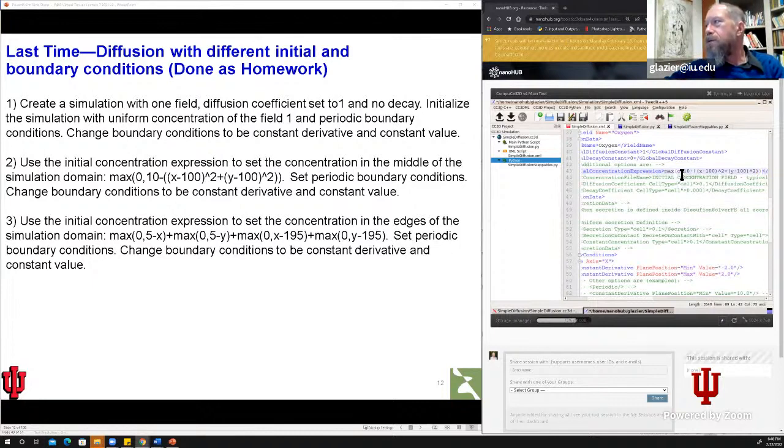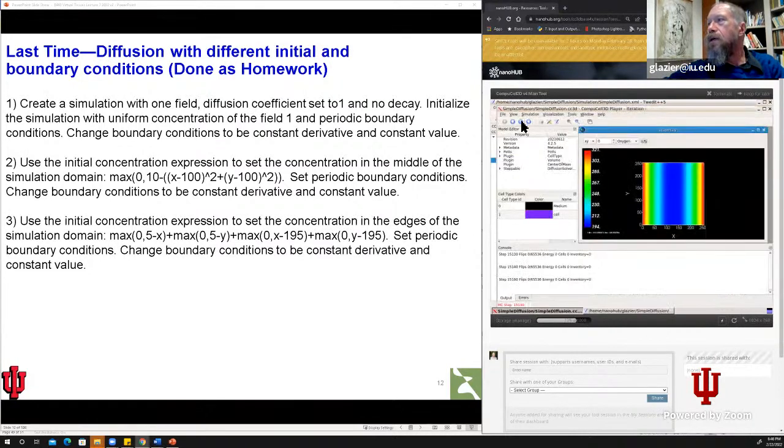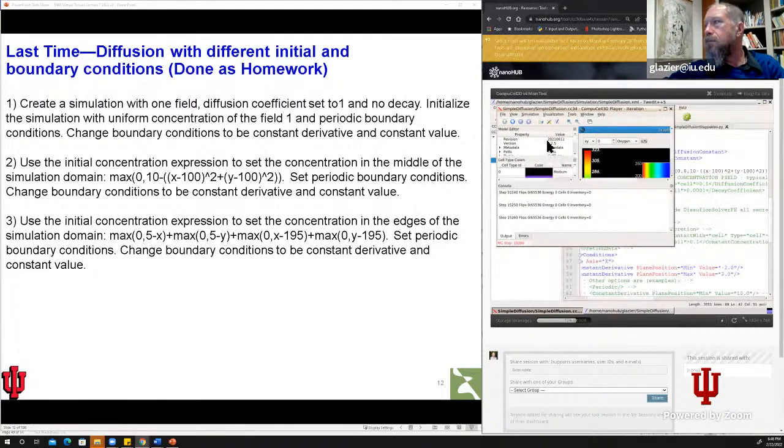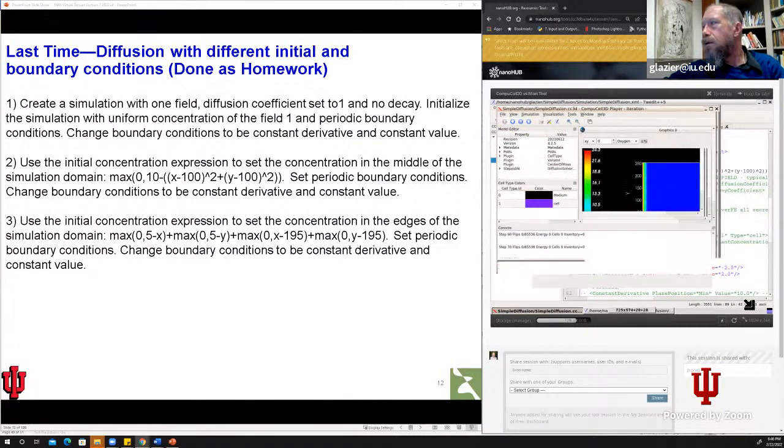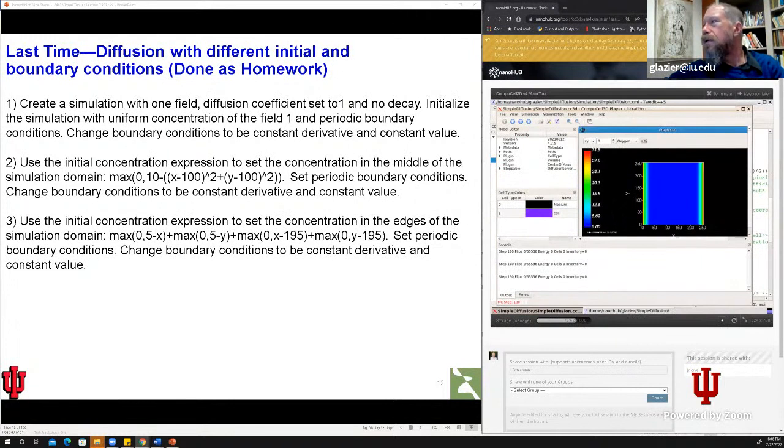See if I got my parentheses right. What will that do? See if it crashes. Oops. Oh. Let me go back to periodic boundary conditions.